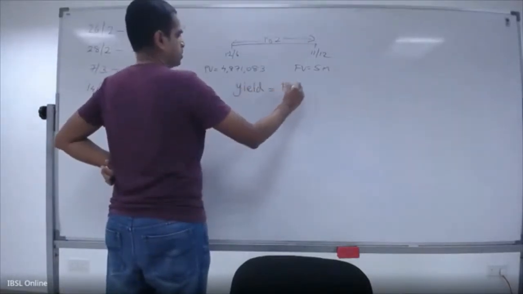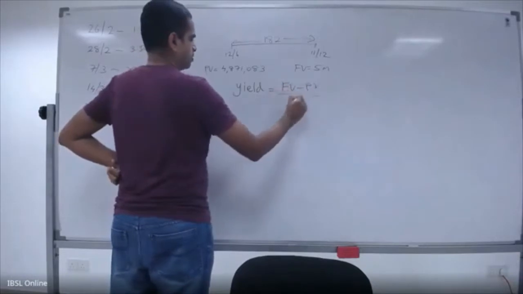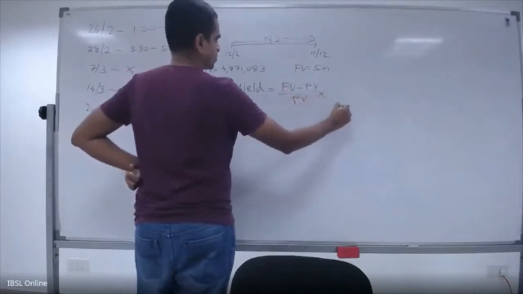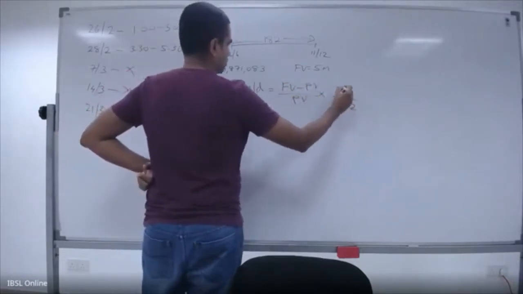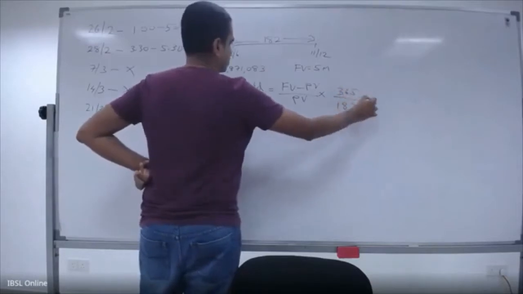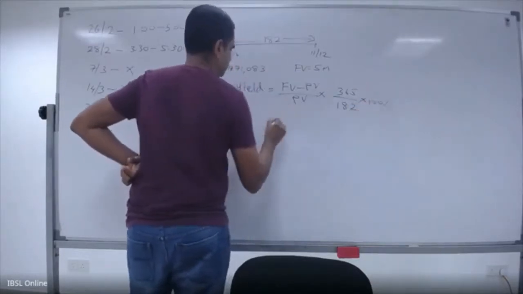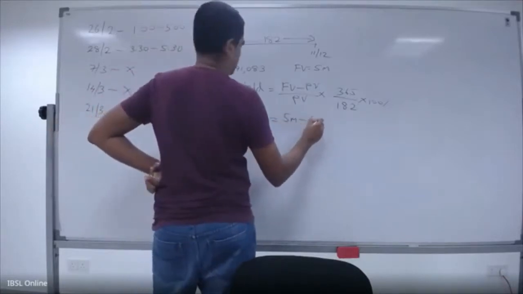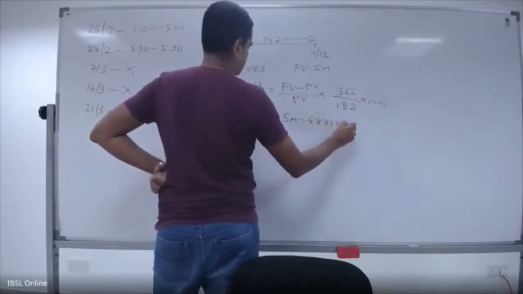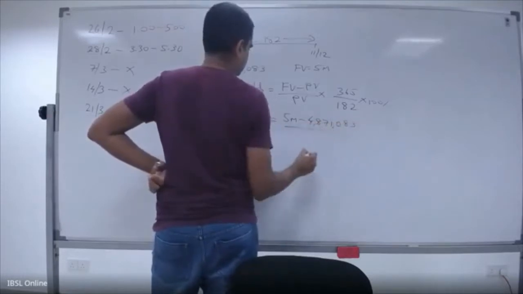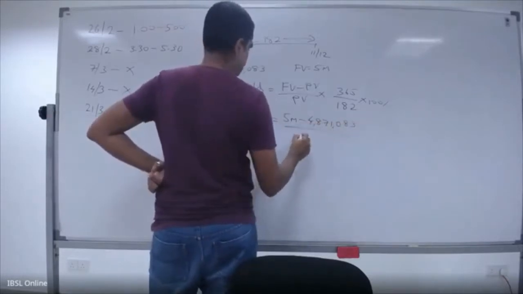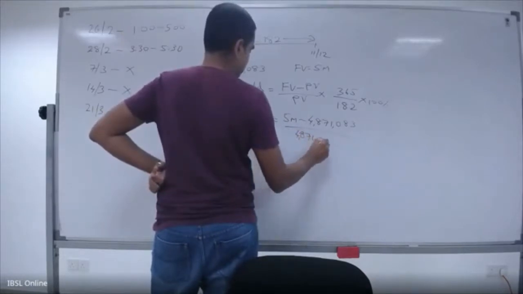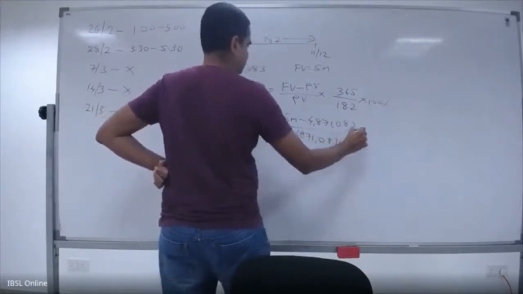Yield would be face value minus present value over present value into 365 over 182. Future value 5 million, present value 4871083.